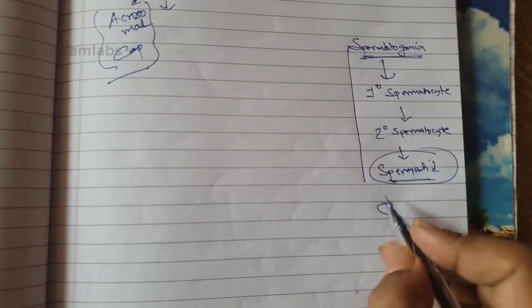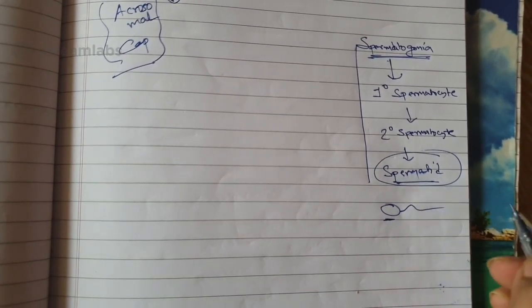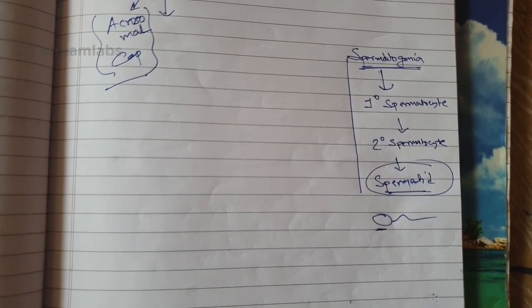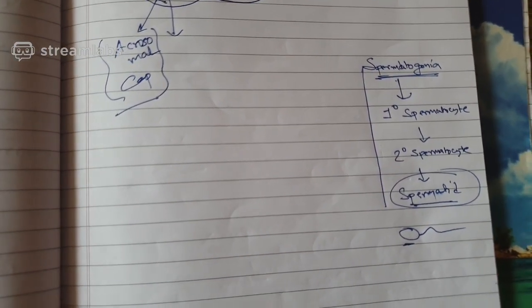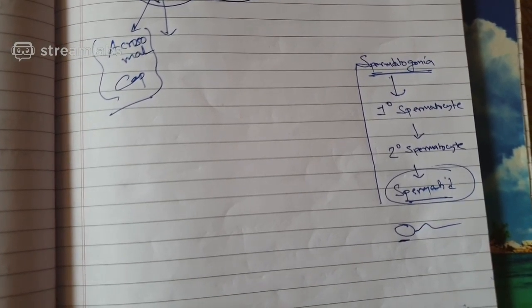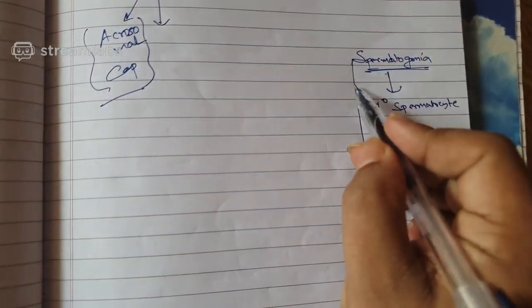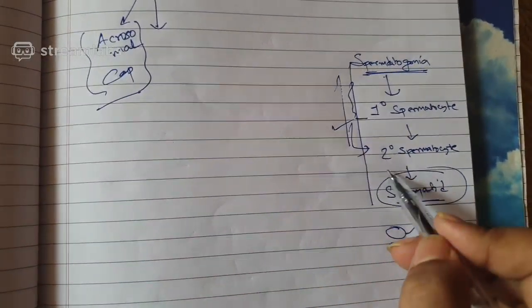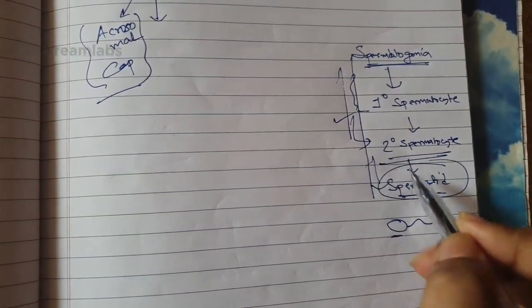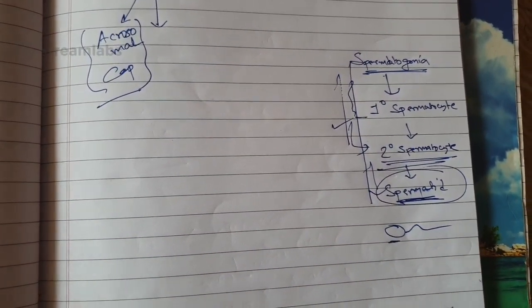The spermatid forms in the seminiferous tubule only, but the tail develops in the epididymis. Spermatogonia forming primary and secondary spermatocyte is known as spermatocytogenesis, and from secondary spermatocyte to spermatid formation is known as spermiogenesis.